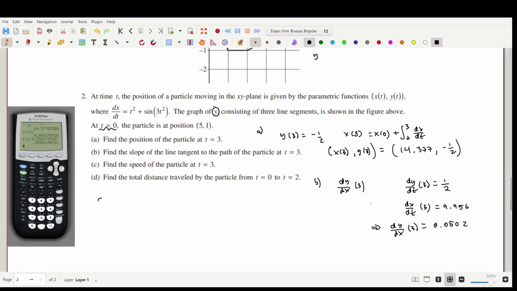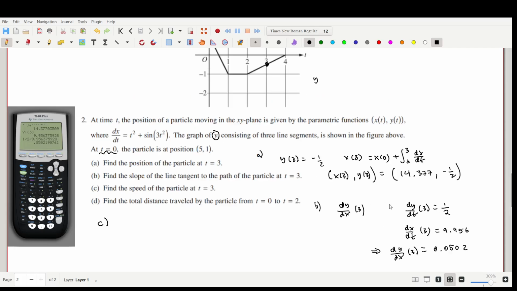All right, part C, find the speed at 3. That is just root of dx/dt of 3 squared plus dy/dt of 3 squared. And the square root applies to everything here. Like that. All right, and we go to my calculator. Notice that dy/dt of 3 is a half still, so that's fine.